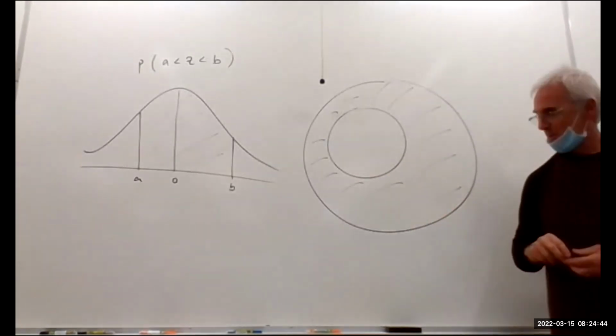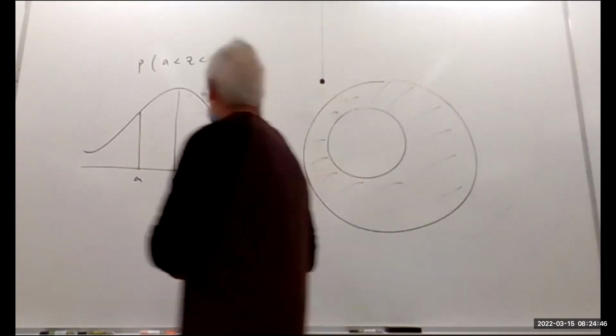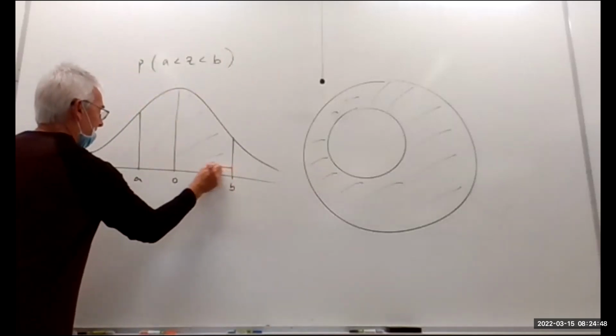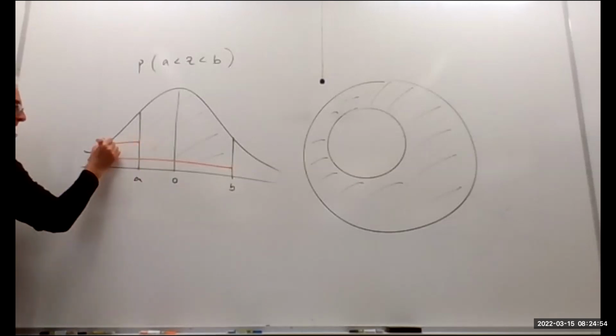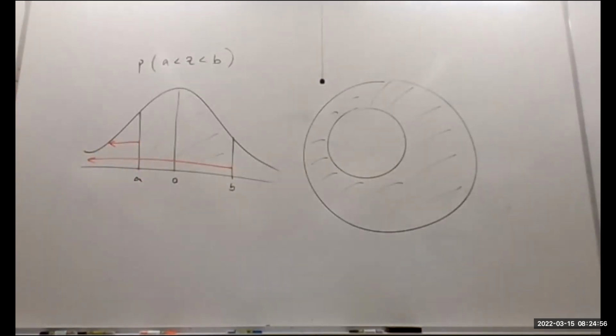Agreed? So how am I going to do this one? Find that probability and do what? Subtract that probability. Because when you're looking at probabilities, what are you looking up? The area to the left of B gives you all the way, and the area to the left of A gives you all the way.